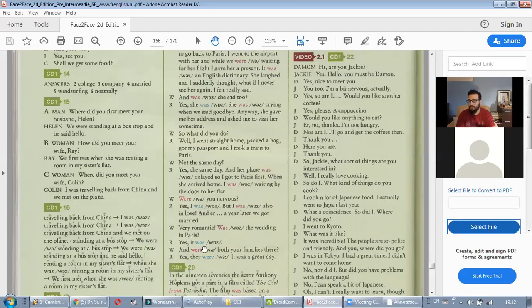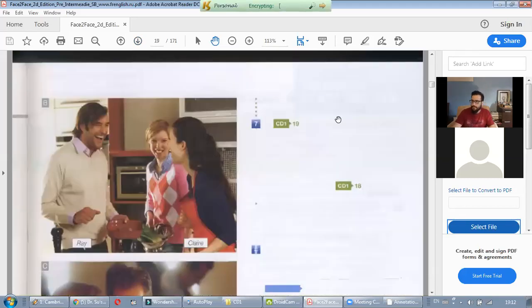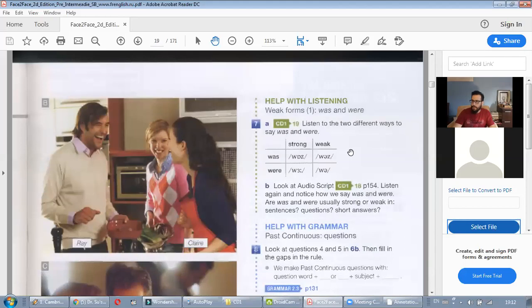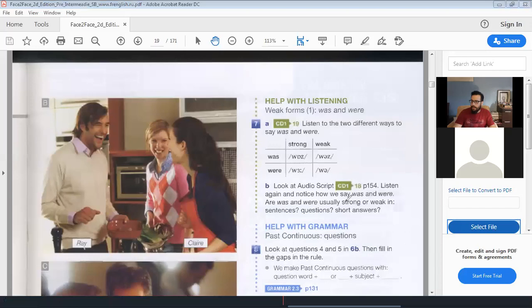All right, so now we have the answer. So we can go back and answer the question. So the question said, are, was, and were usually in the strong or weak form in sentences? So in sentences, they are weak. In questions, they are weak.